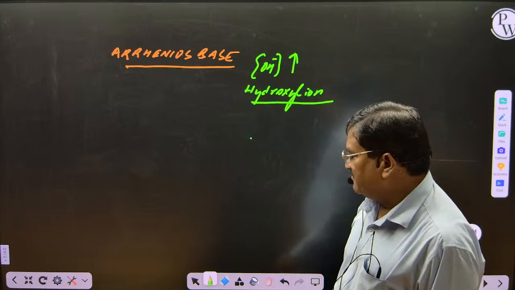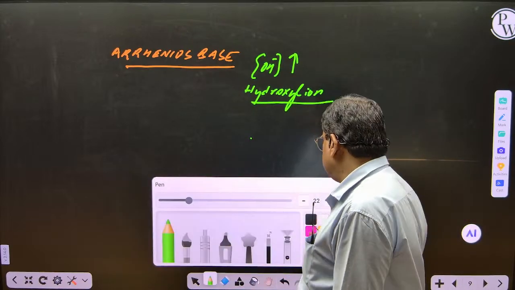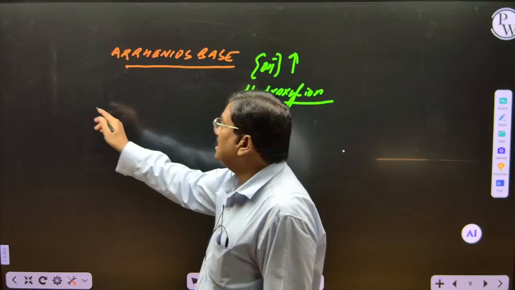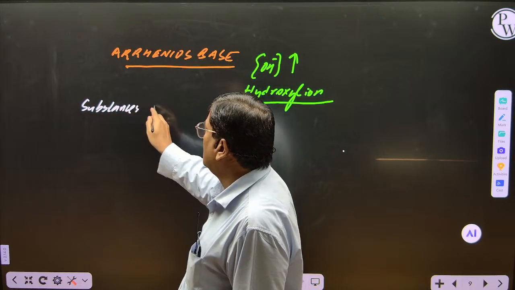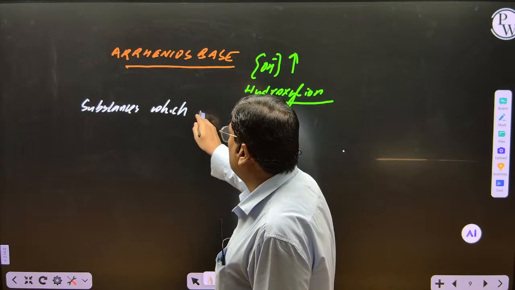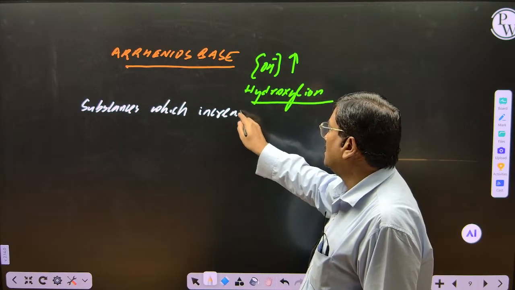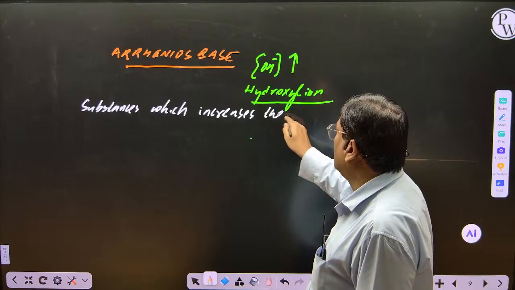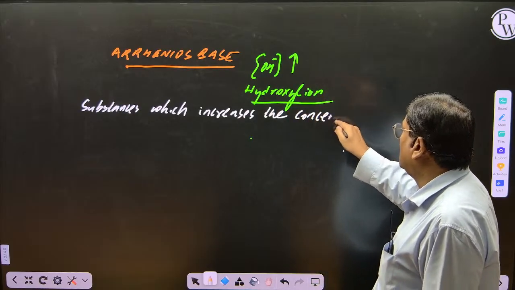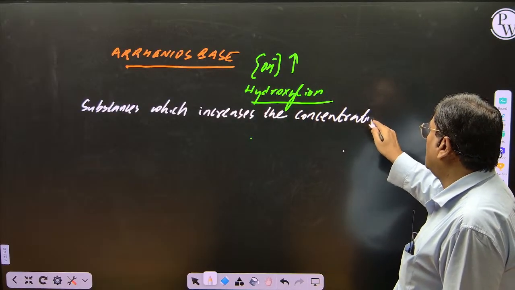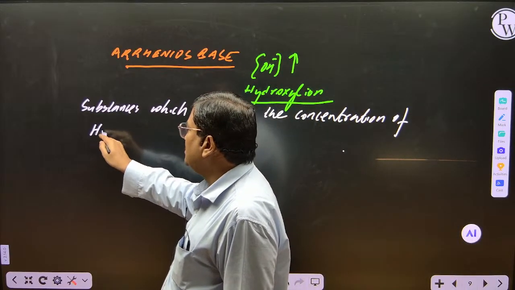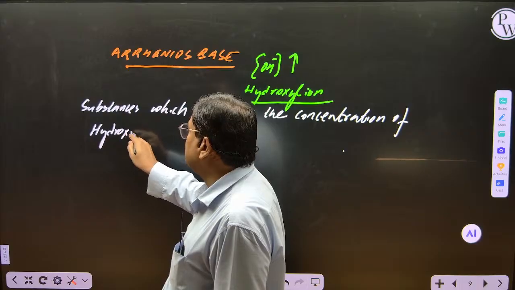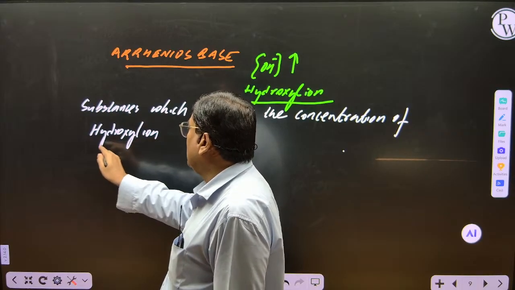So what do we define for an Arrhenius base? Substances which increase the concentration of hydroxyl ion. What is hydroxyl, students? Hydroxyl is shown by the symbol OH minus. In what medium?